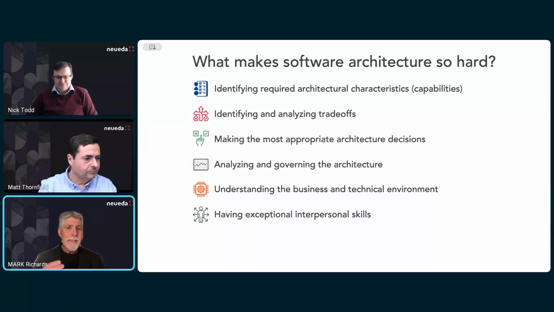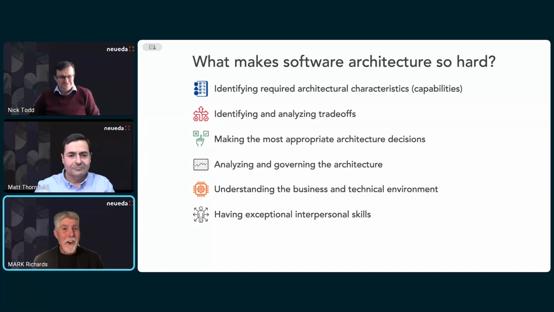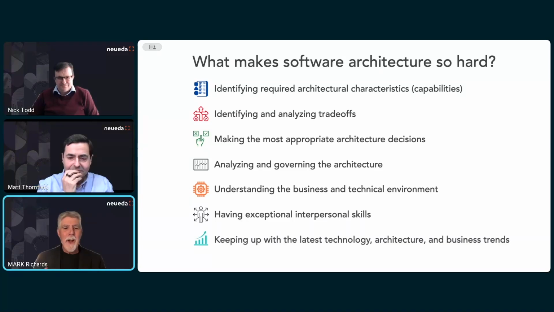Having exceptional interpersonal skills makes architecture hard. It's not all about technology and structure. It's all about leading and guiding teams, negotiation, facilitation, collaboration, and also finally, just keeping up with the latest technologies, architecture, and business trends. This is really what makes software architecture so hard.